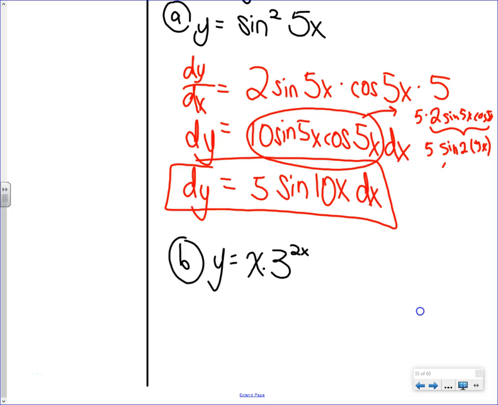And so that's how we can go to 5 sine of 10x. And that's from Forever Card 1.